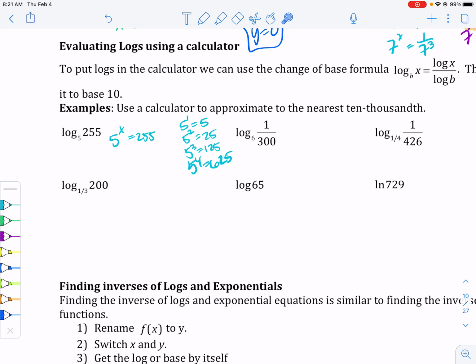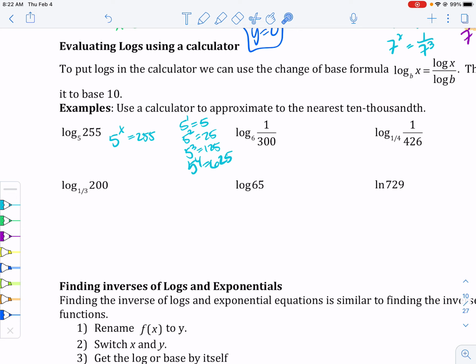Maybe it's 3.42. If I try 5 to the 3.42, then I get 245. So I'm going to go a little higher. I did 3.45, and that gave me 257. So I'm going to try 3.44, which is 253. I can keep doing this, but this is really annoying to guess and check in this manner.